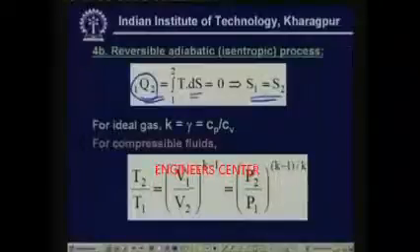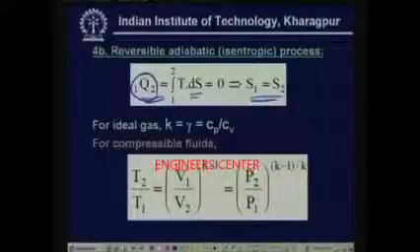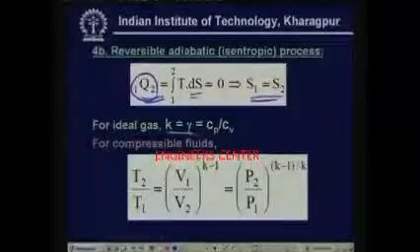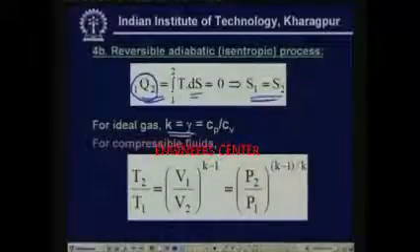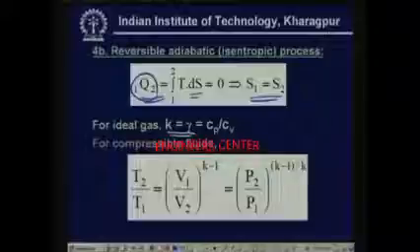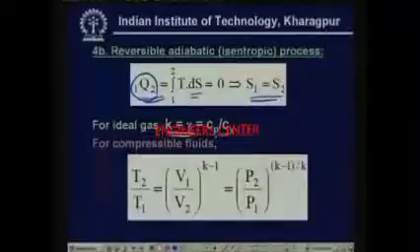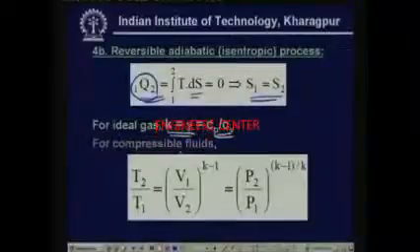If the fluid behaves as an ideal gas, then you have an additional relation. This isentropic coefficient K is equal to the ratio of Cp by Cv.